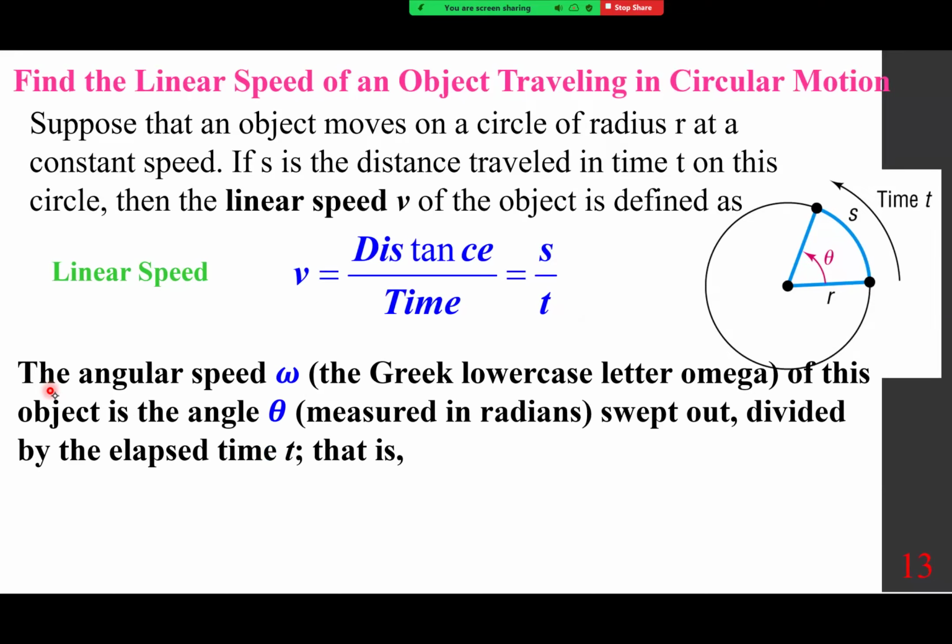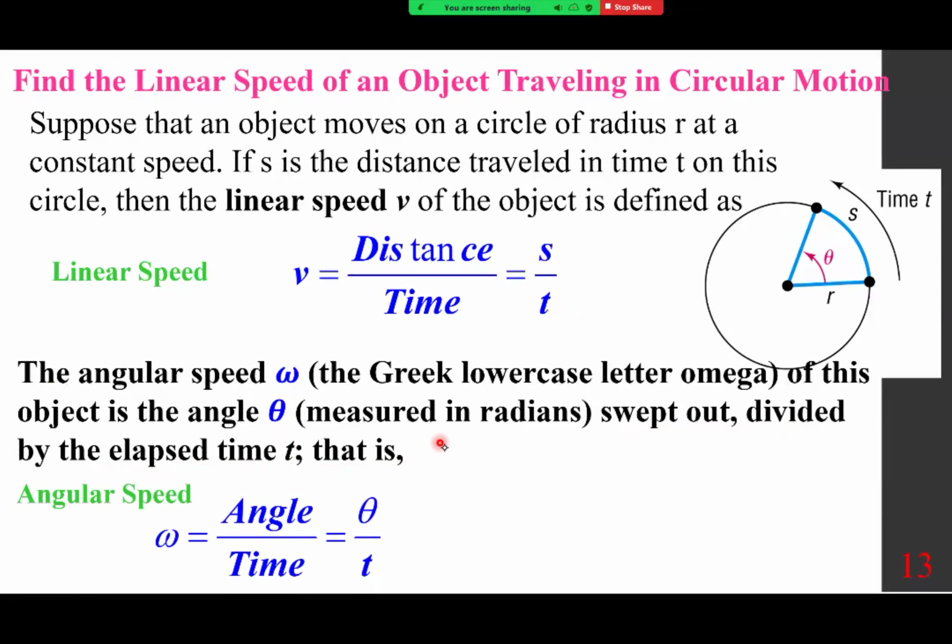The angular speed omega, the Greek lowercase letter omega, of this object is the angle theta, measured in radians, swept out divided by the elapsed time t. Excellent. So here's what happens, everybody. By definition, linear speed is distance over time.